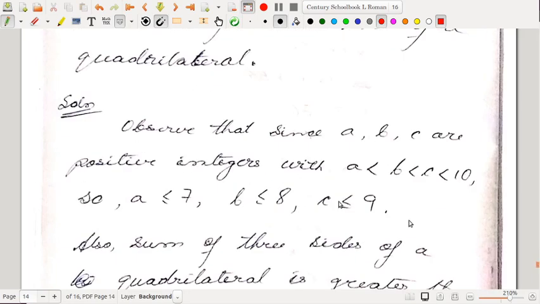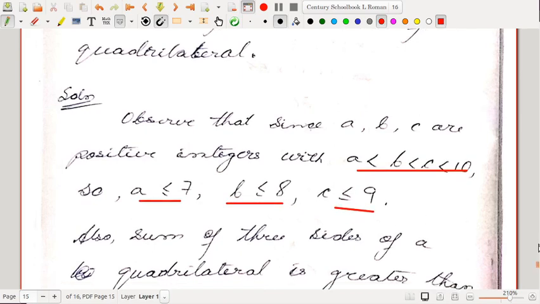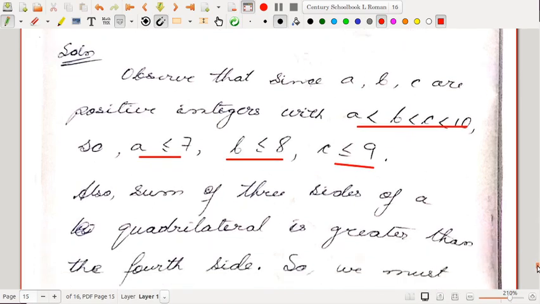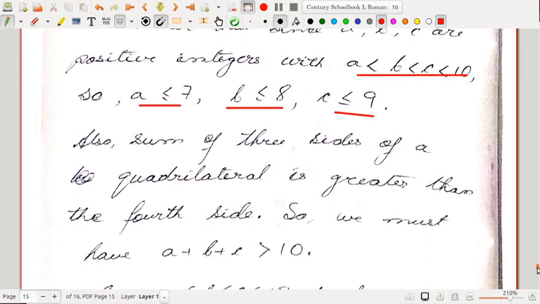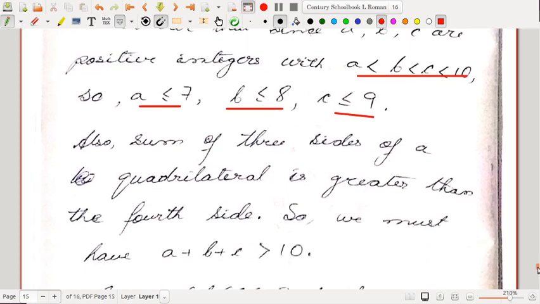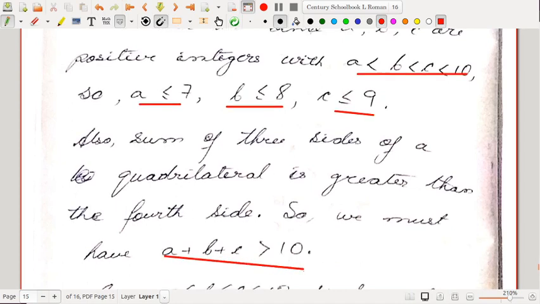So observe that A, B, C are positive integers with A less than B less than C less than 10. So what should be the maximum value of A? A will be 7 maximum. The maximum value of B will be 8 and the maximum value of C will be 9. Also, the sum of any 3 sides of a quadrilateral is greater than the 4th side. So we have A plus B plus C strictly greater than 10.